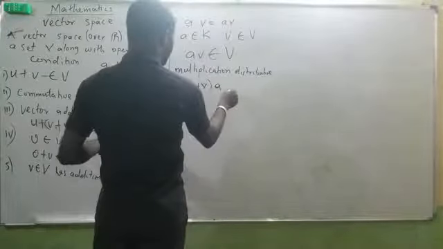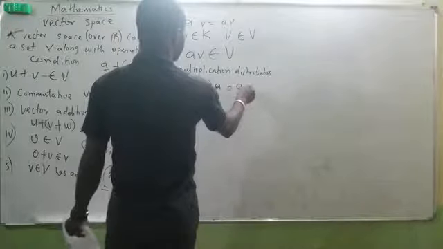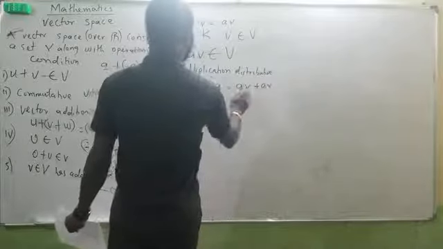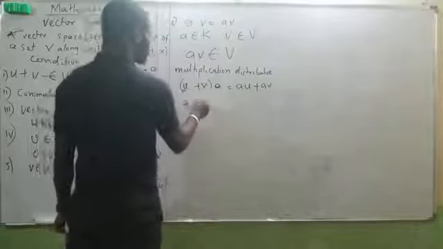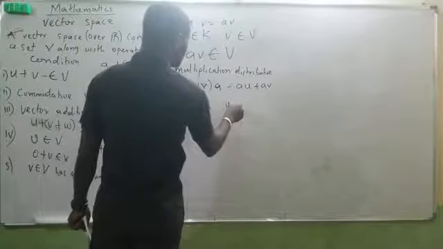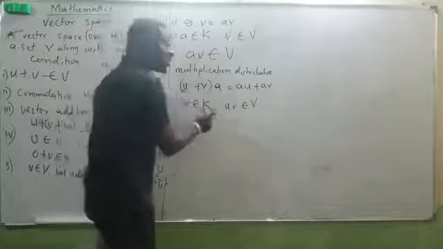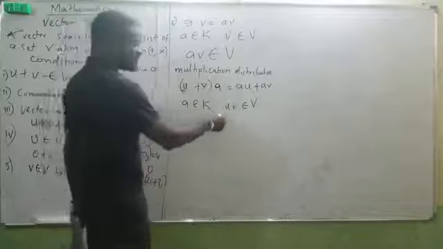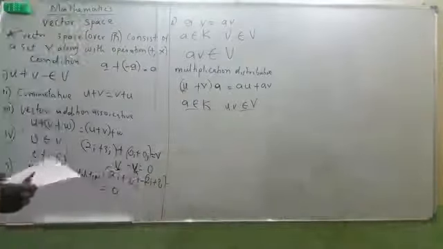I have a, which will also be the same thing as au plus aw. Now, don't forget, my a belongs to scalar and my u, v belong to vector. Please take note of that. This statement is as important as anything when you are solving any question. Please learn to define. This is called definition of what I'm doing.